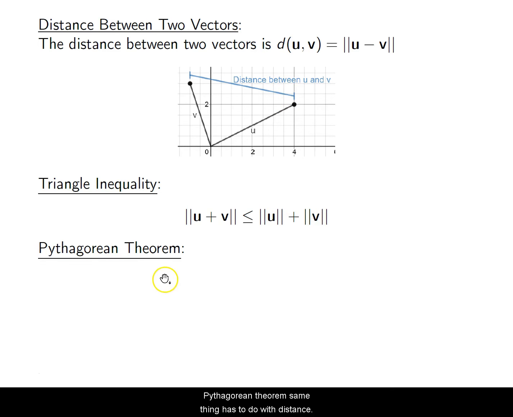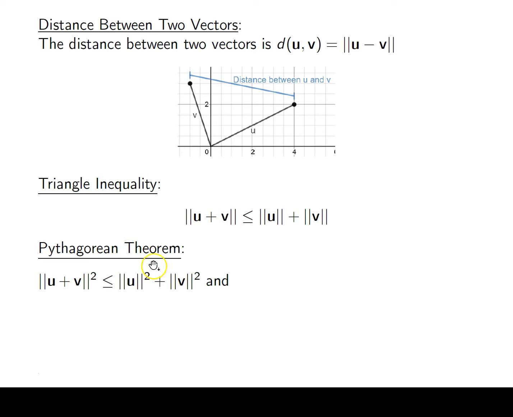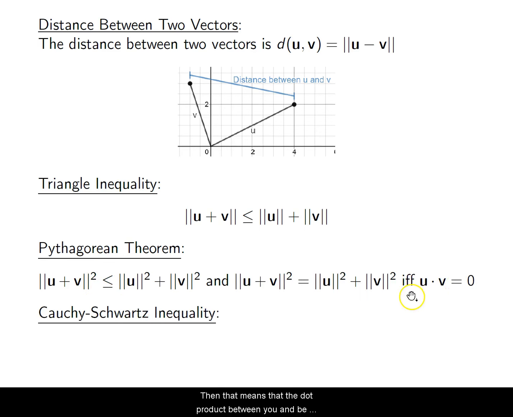The Pythagorean theorem, same thing, it has to do with distance. The length of u plus v squared is going to be equal to the length of u squared plus the length of v squared, or it could be less if it's not a right triangle. If it is a right triangle, then that means the dot product between u and v is 0.